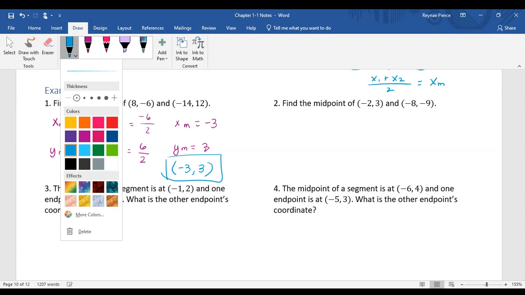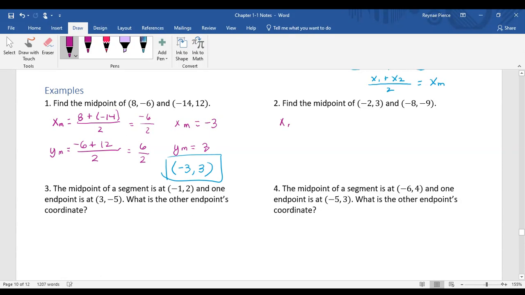Okay. Example 2. Add the x coordinates of our endpoints. Negative 2, I'm sorry, plus a negative 8 is a negative 10. Divided by 2 tells me the x coordinate of my midpoint is a negative 5.